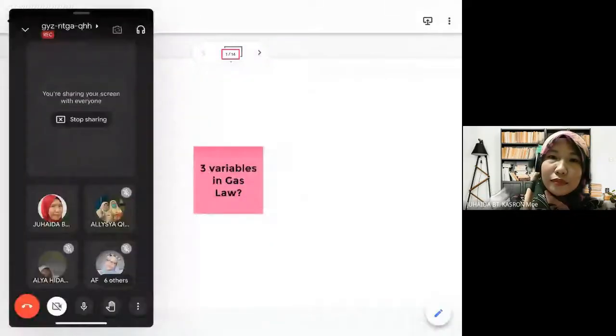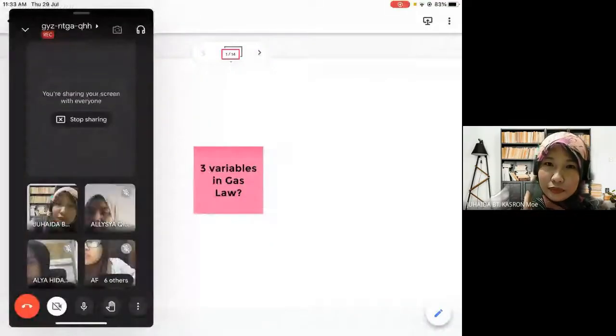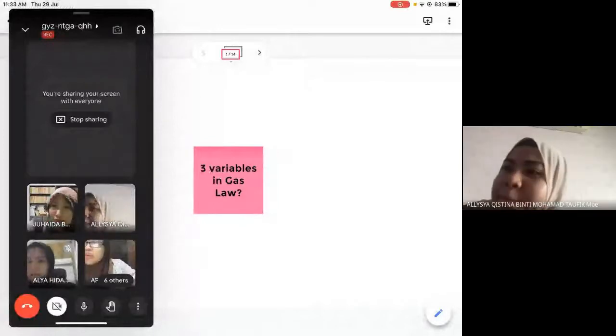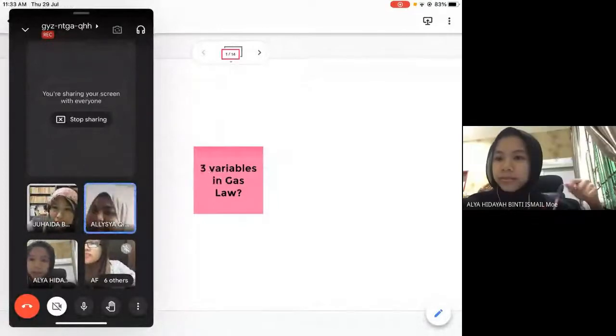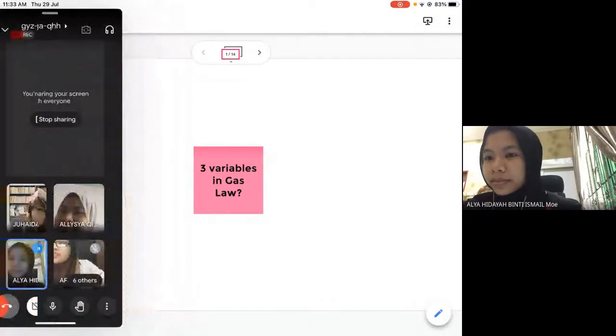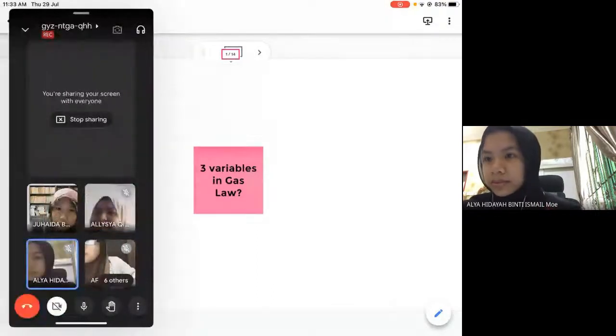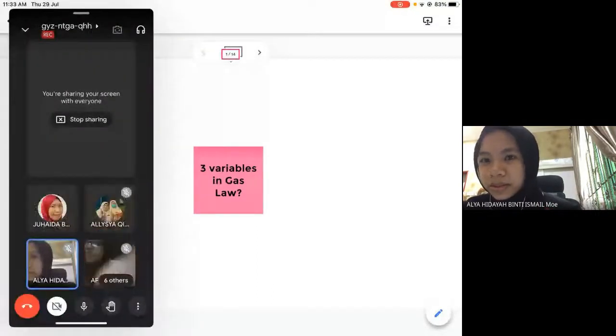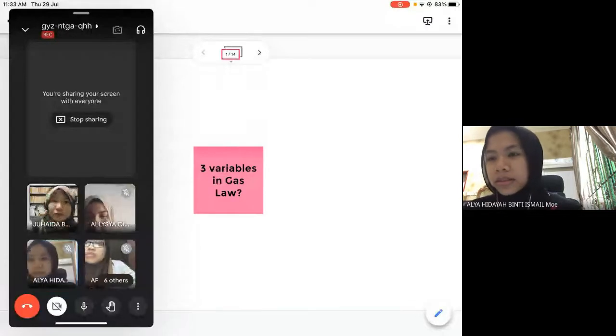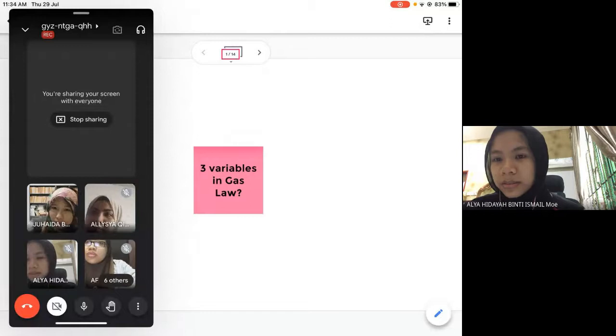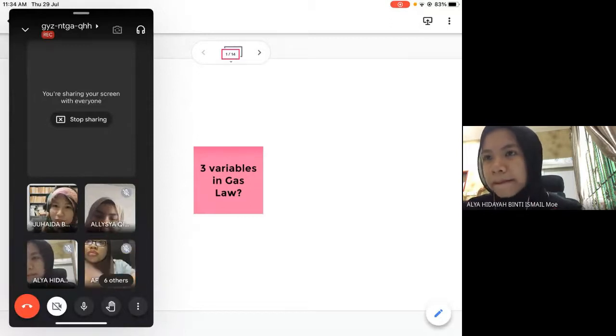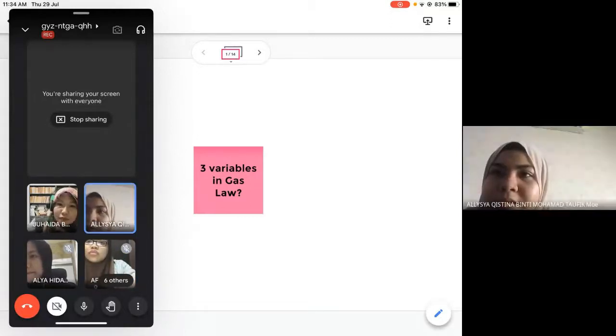Okay, can everyone see my screen clearly? Yes. Okay, so let's get started with the first slide. What are the three variables in gas law that we learned just now? Everyone please state your answer. Should we just say it or write on a sticky note?